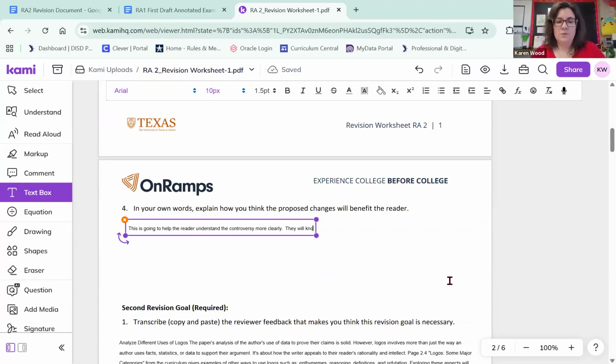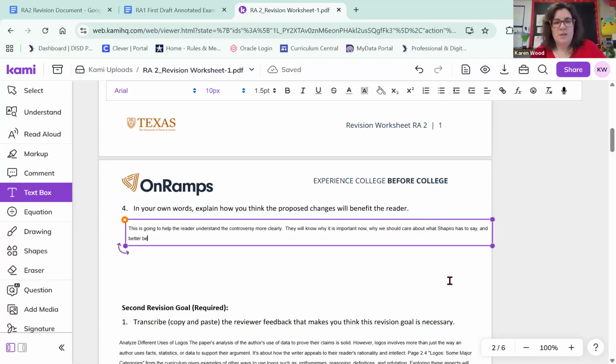They will know why it is important now, why we should care about what Shapiro has to say, and be better able to follow my analysis of his speech.